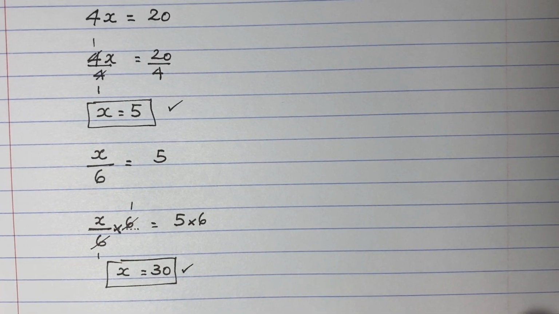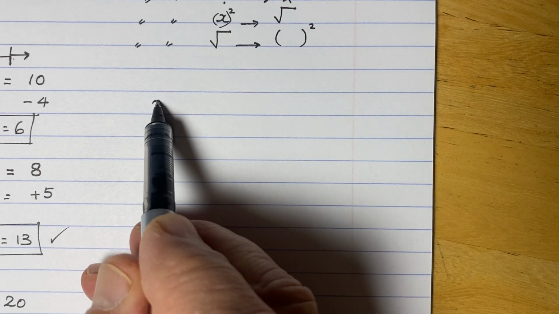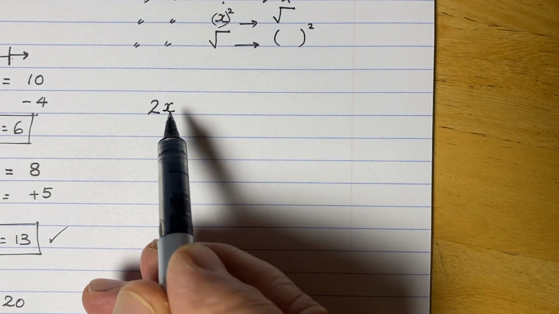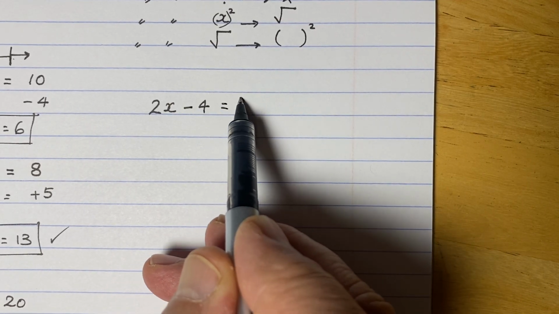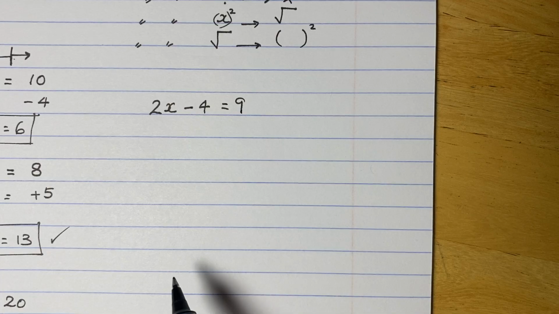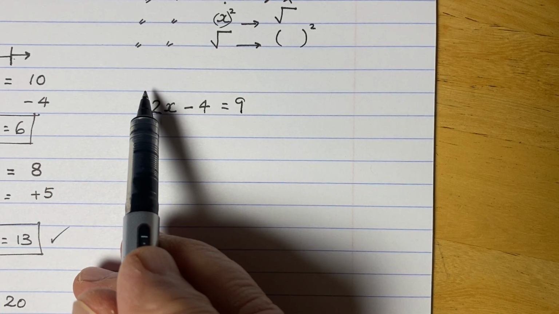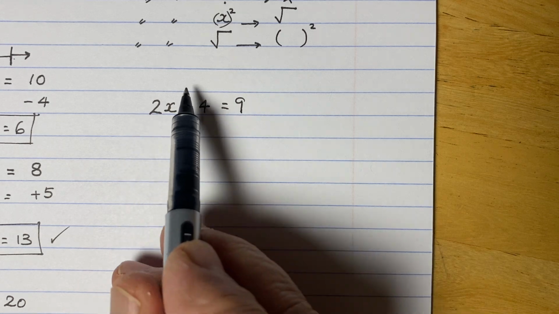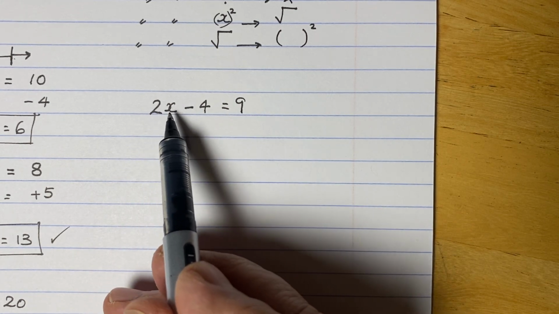Now, let's make it more interesting. Here we have 2x minus 4 equals 9. Look, the x is on the left-hand side. Therefore, I need to get rid of all the numbers which are on the left-hand side to make x on its own.